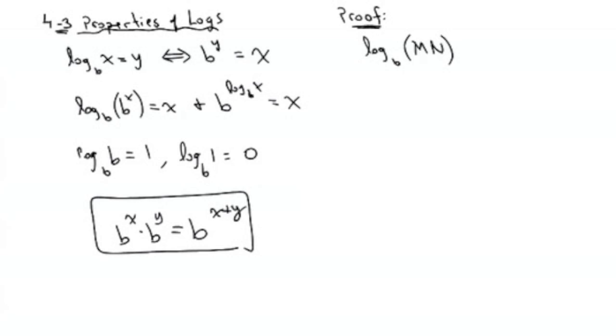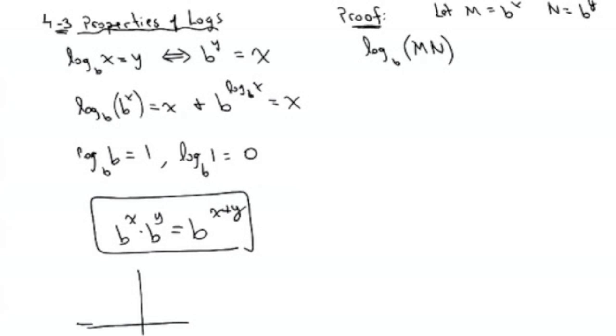So let's start off with let m equal b to the x, n equal b to the y. By the way, I can do that, any number that I want, as long as m is positive and n is positive.